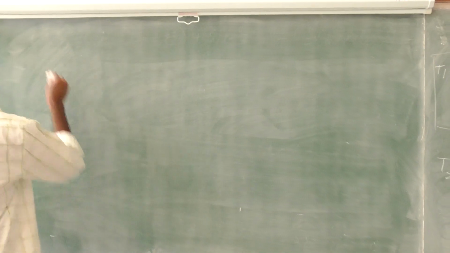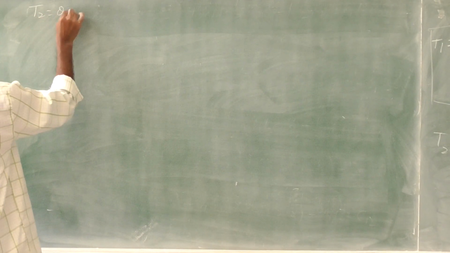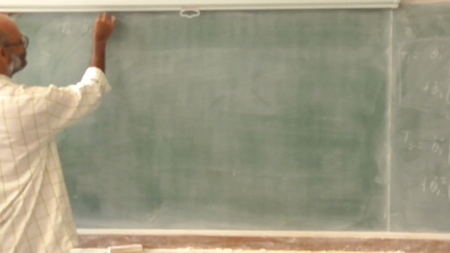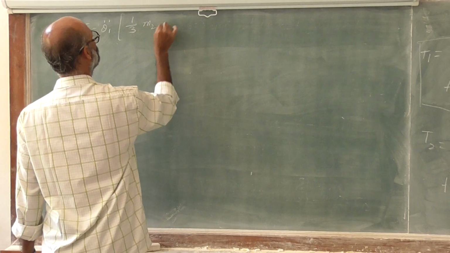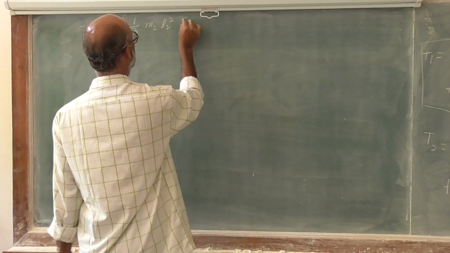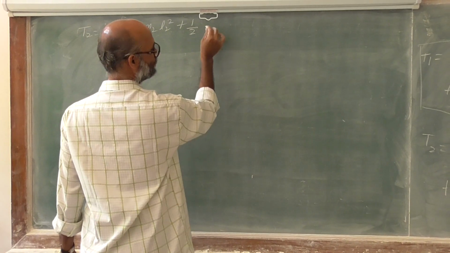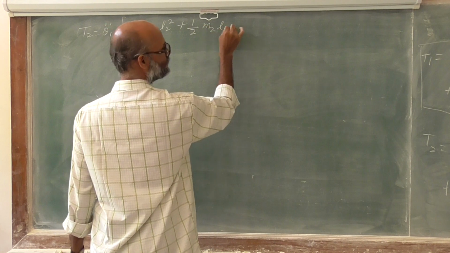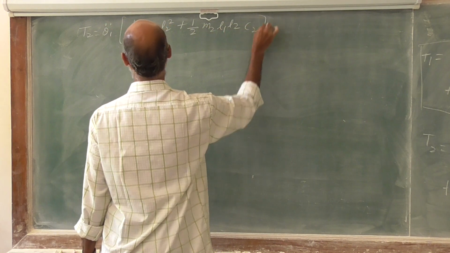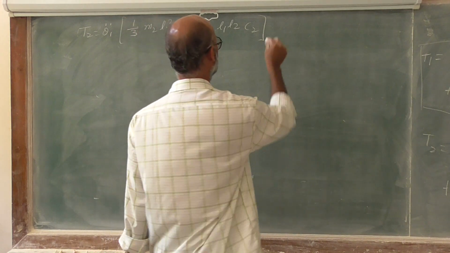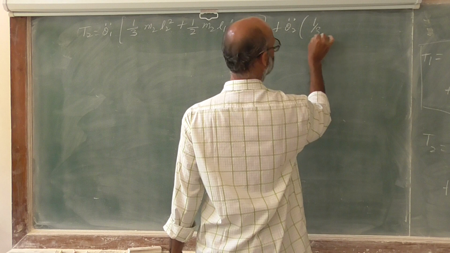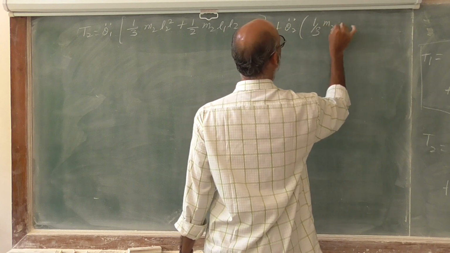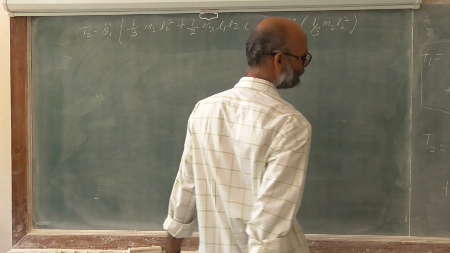So what is your T2 equation? T2 is theta 1 double dot of 1 by 3 and we have M2 L2 square plus half M2 L1 L2 C2. That is theta 1 double dot plus theta 2 double dot terms. You have 1 by 3 M2 L2 square.